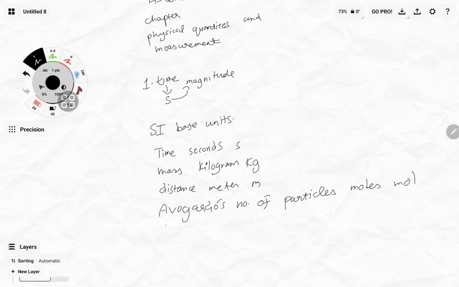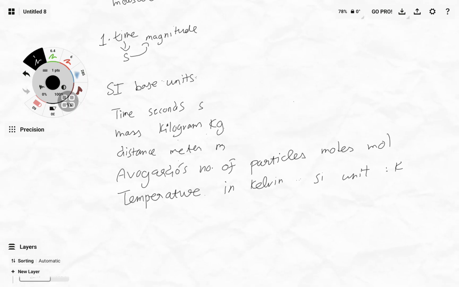Next we have temperature, which is measured in Kelvin. SI unit is K. Next we have luminosity, which is measured in candela, or cd.